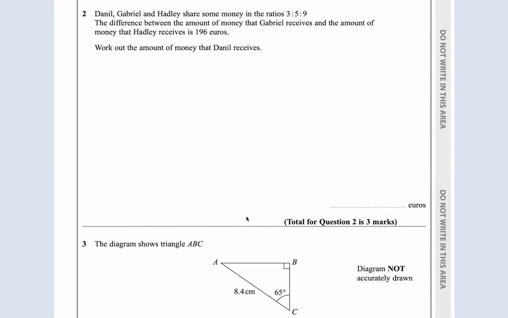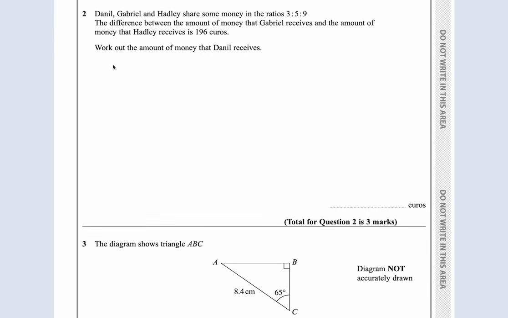Question 2. Daniel, Gabriel, and Hadley share some money in this ratio. The difference between the amount of money Gabriel gets and Hadley receives is 196 euros. Work out the amount of money that Daniel receives. Okay, that's not actually that easy, guys.